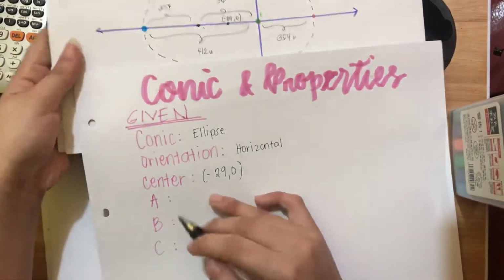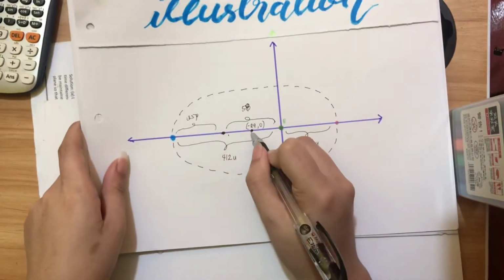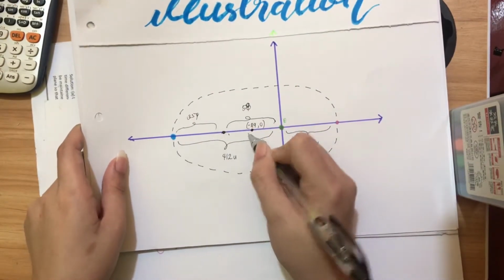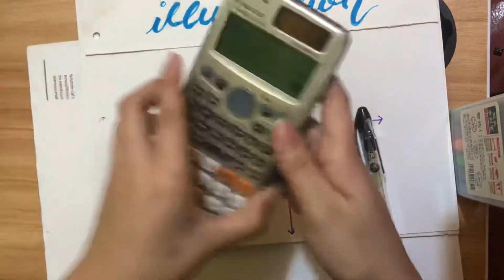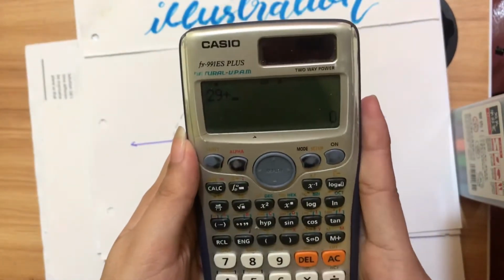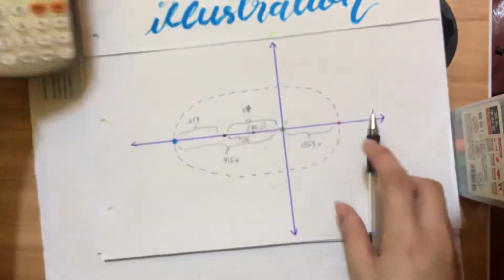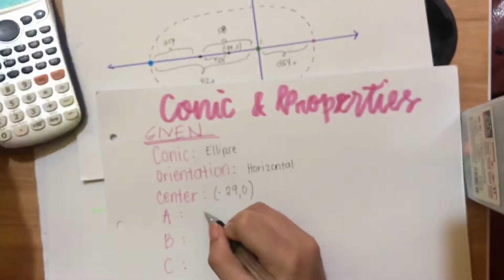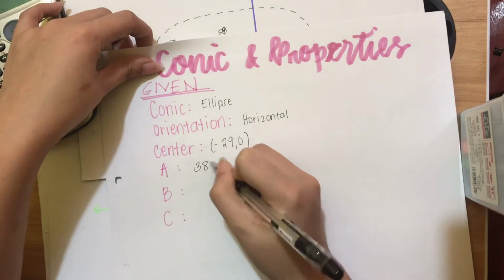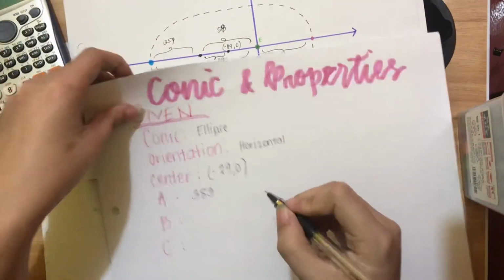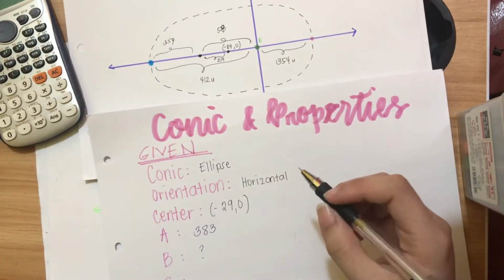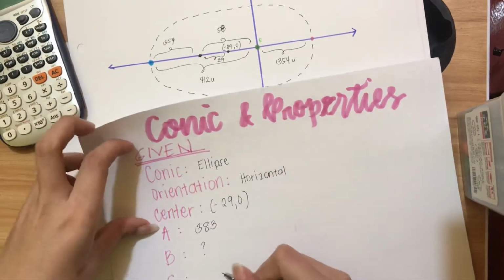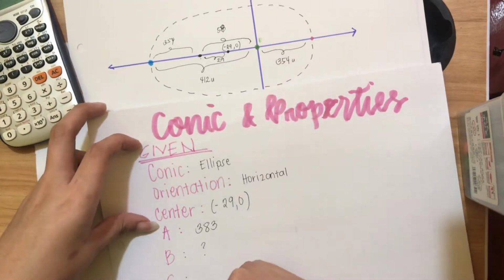Next is the measurement of a, which is from the center to one vertex. First, we need this value, and this is 29. To get the value of a, you simply add 29 to 354. So 29 plus 354 is equal to 383. So the measurement from center to vertex is 383. The letter b is the missing value. And the letter c is the measurement from center to focus, and that is 29.